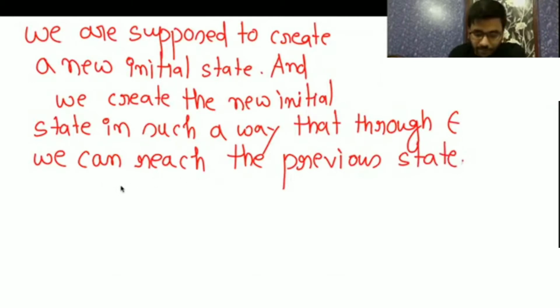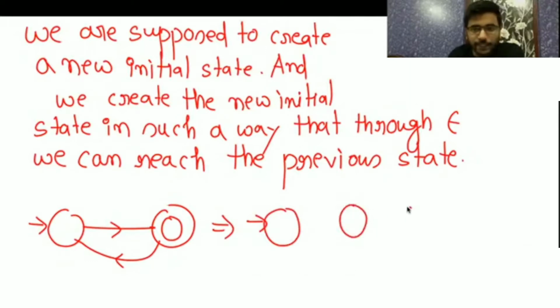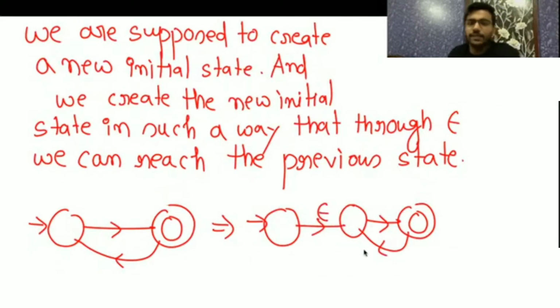See what I mean. Just look here, I am saying that if the initial state is having an incoming edge, then you have to create a new initial state in such a way that by only getting epsilon it should reach the previous initial state.